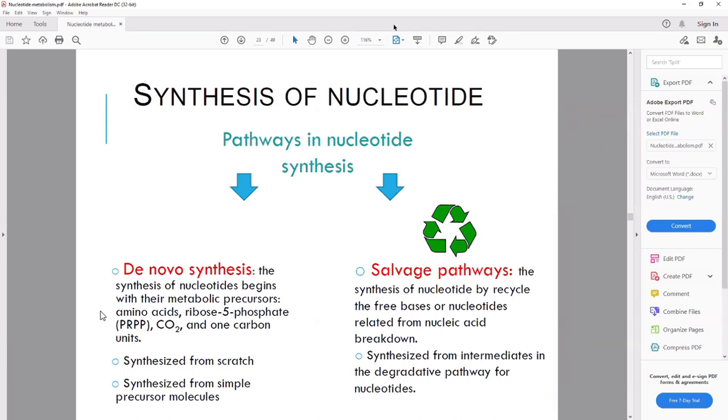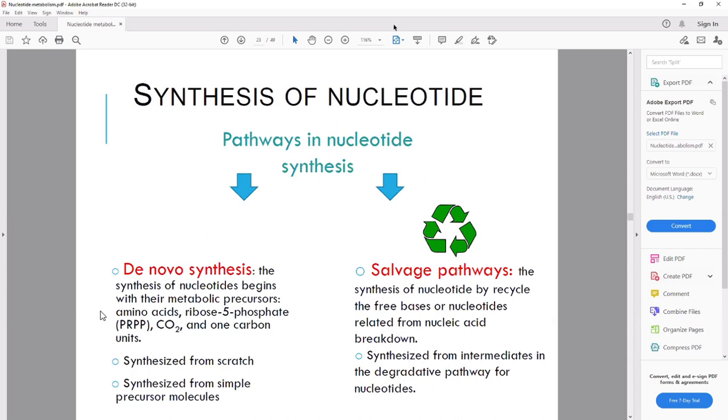So the salvage pathway helps to utilize all this adenine, guanine, and hypoxanthine, and helps to recycle and reconvert these intermediates into IMP and GMP. So it helps to maintain the uric acid level.